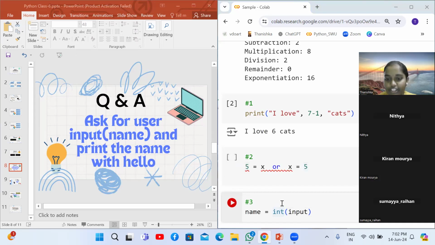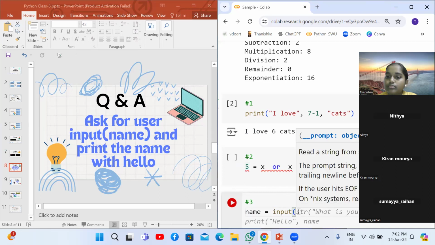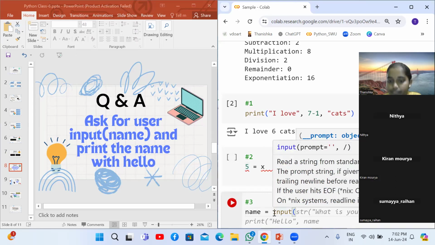If I write int, it's for integers, numbers only. And if I don't write anything, it can ask, like I will write there what is your name, it will ask what is your name, then we can answer. So if I don't write anything here, it means it's a string.